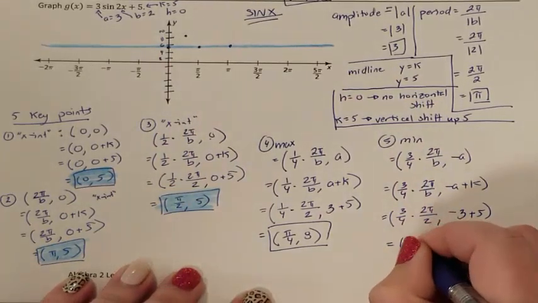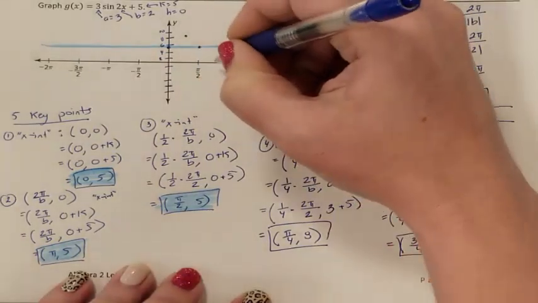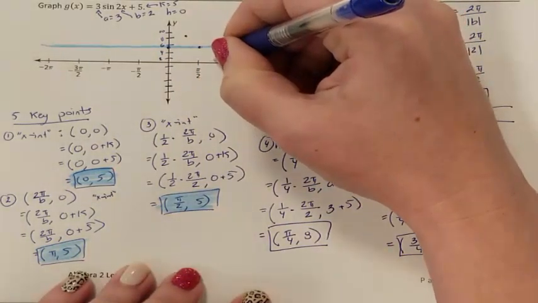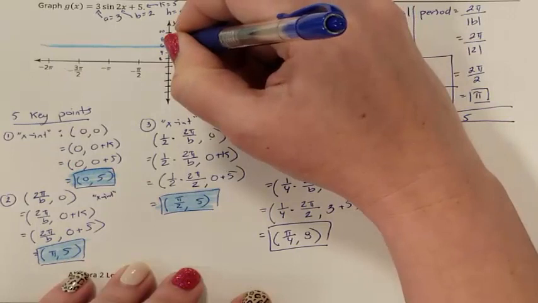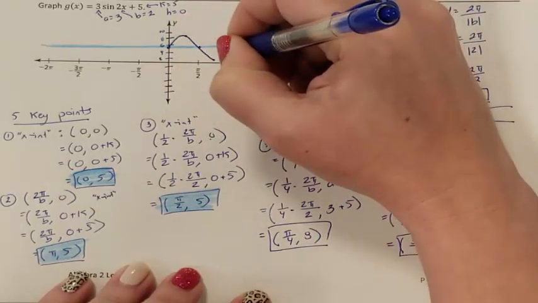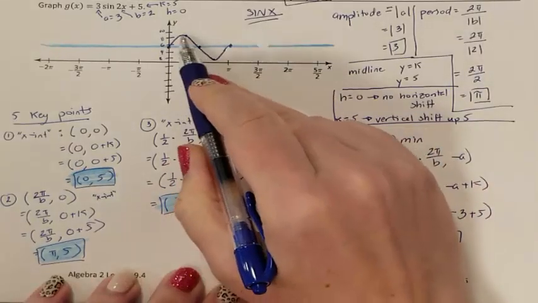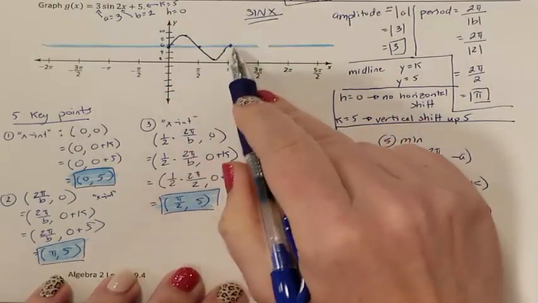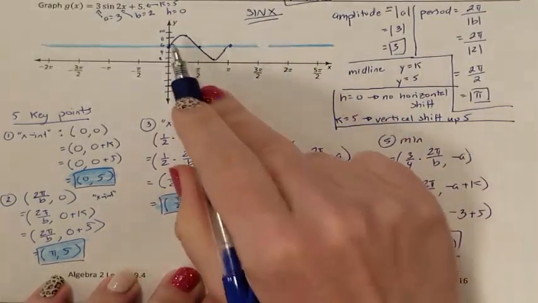So my min is at the coordinate point 3 pi over 4, 2. So 3 pi over 4 is right here, and then up 2. So I saw that I went up to 8, down to 2. So I need to go back up. So this is what my sine function will look like for the first period.